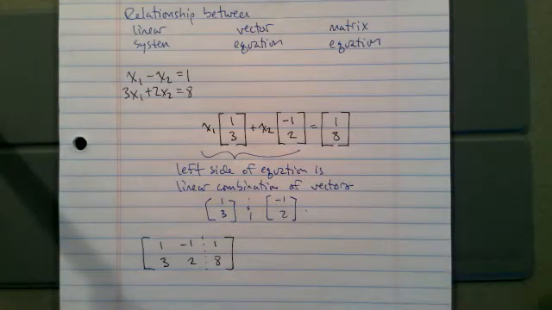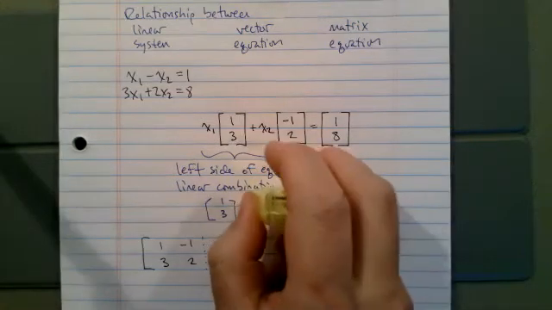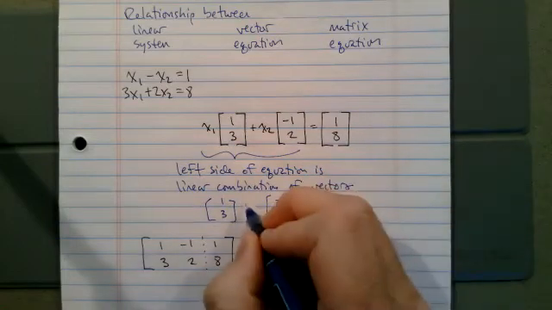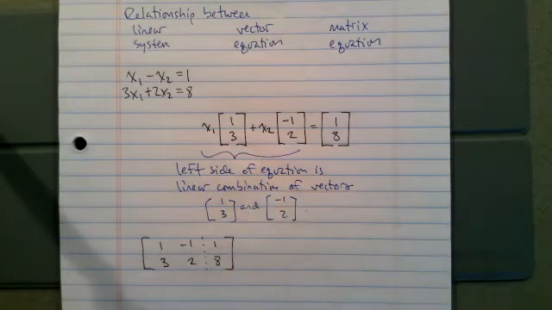The question came up, what's the symbol between, this is supposed to be an and symbol. Mathematicians are lazy. So it's a combination of the vectors 1, 3 and negative 1, 2.